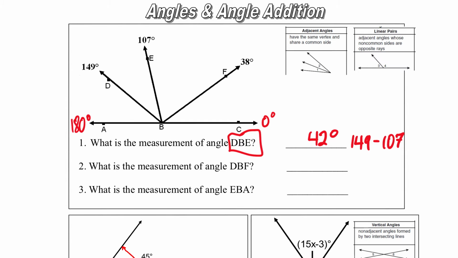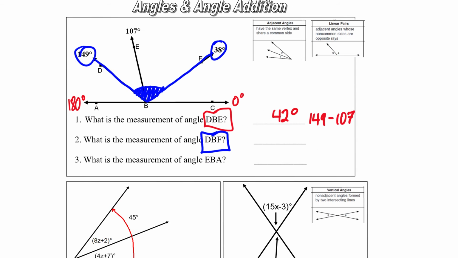All right, next one is asking about angle DBF. So DBF is right here. It starts at 38 and ends at 149. So I'm going to do the same thing. 149 minus 38 is 111.